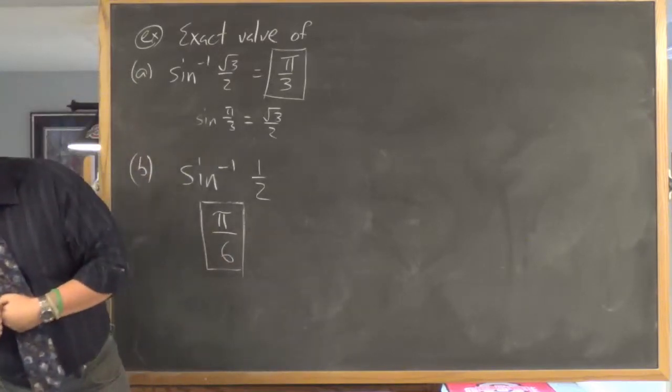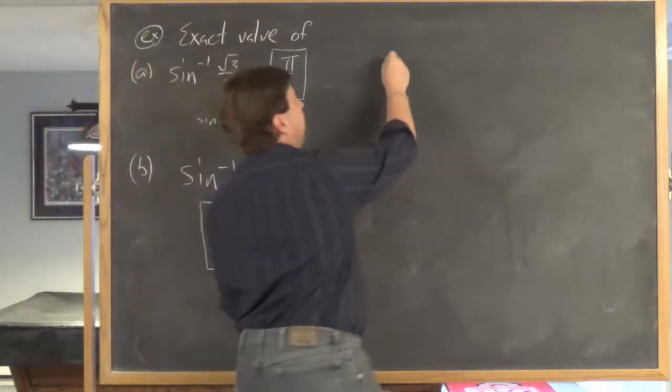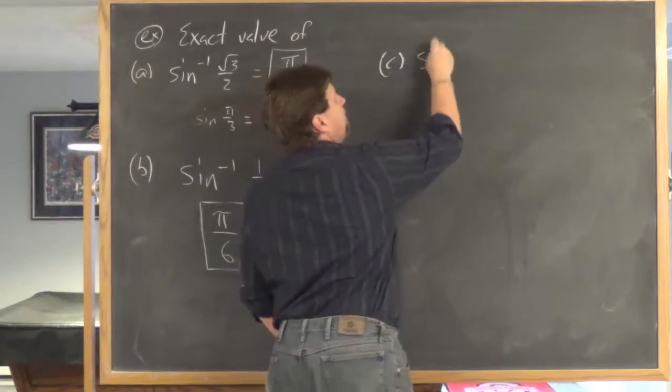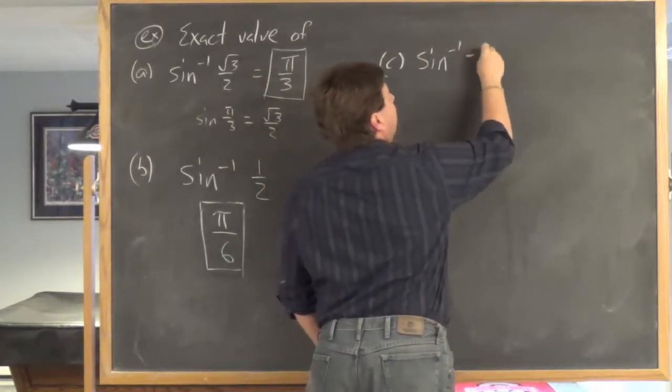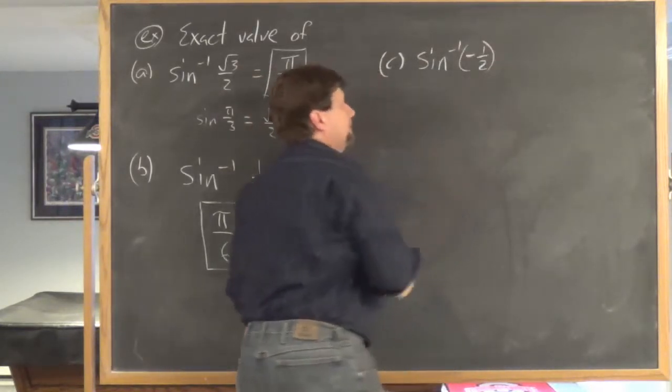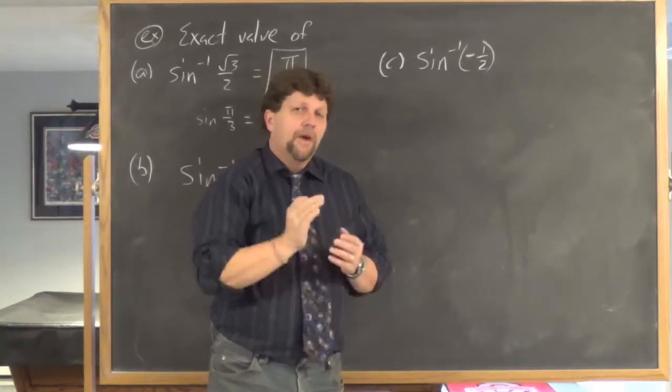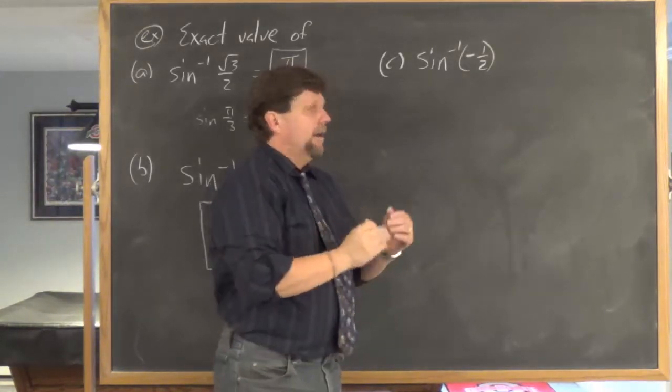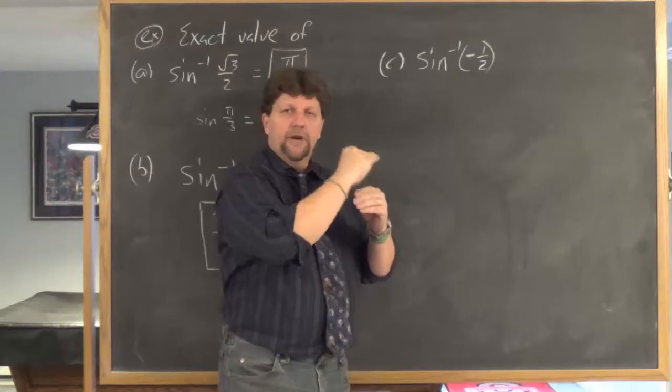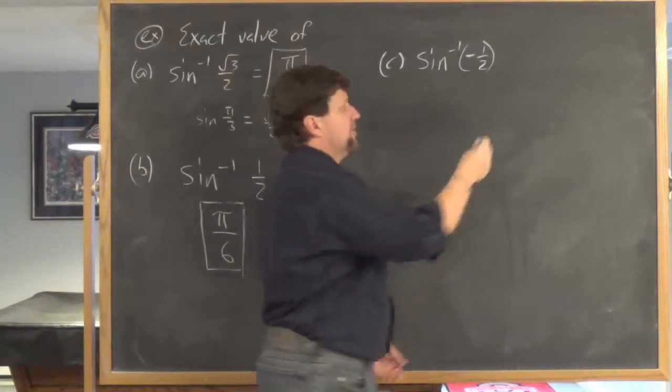Next one. Inverse sine of negative 1/2. Okay, now we have to be careful here. I know inverse sine is looking for an angle on the right half of the unit circle.